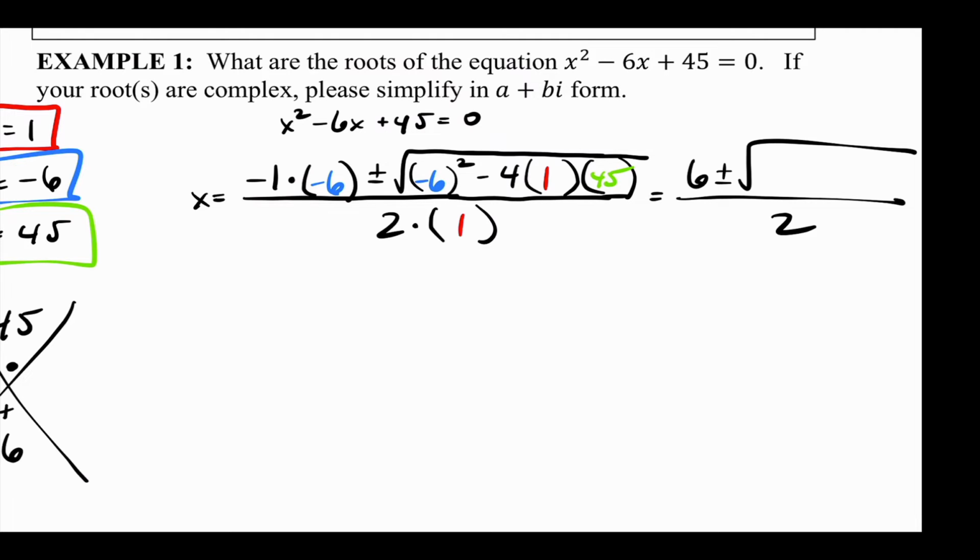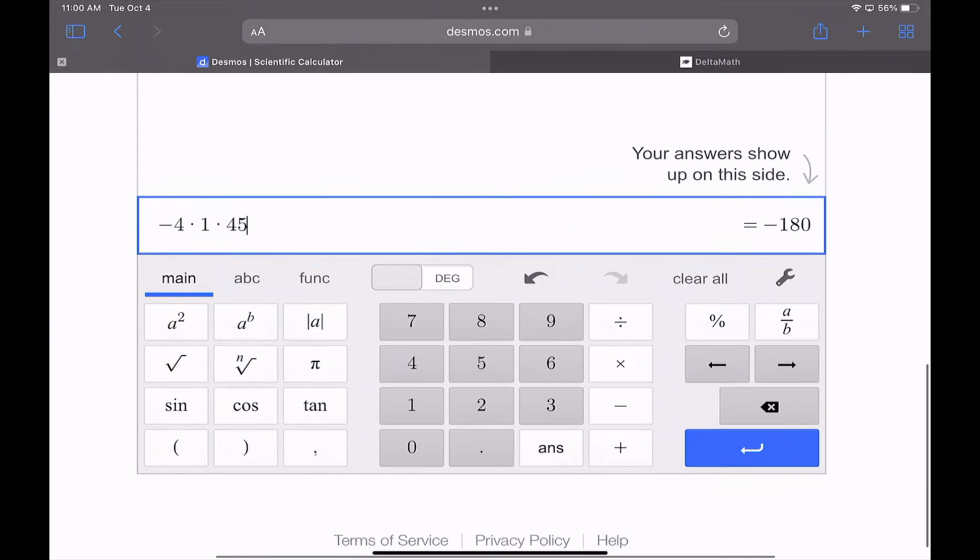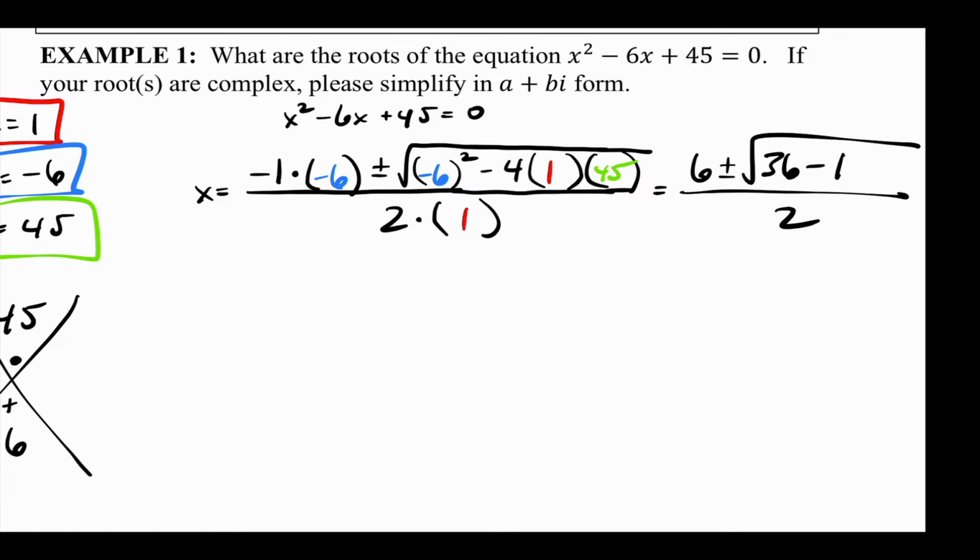We want a positive answer, so negative 6 times negative 6 is positive 36, minus 4 times 1 times 45. I get 180, so 36 minus 180.